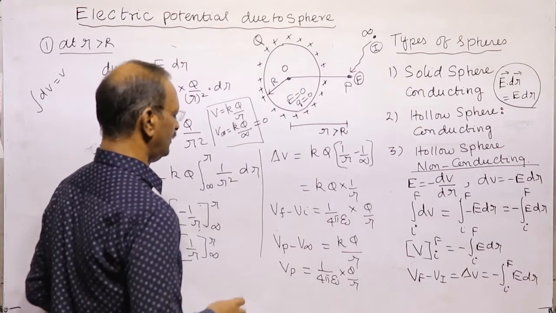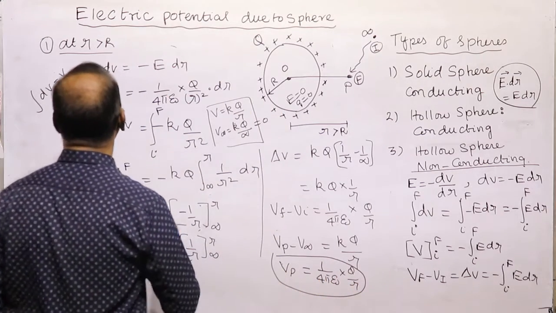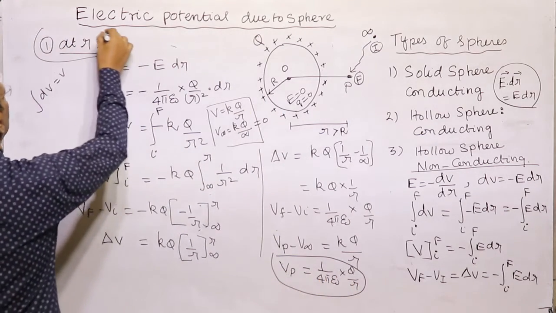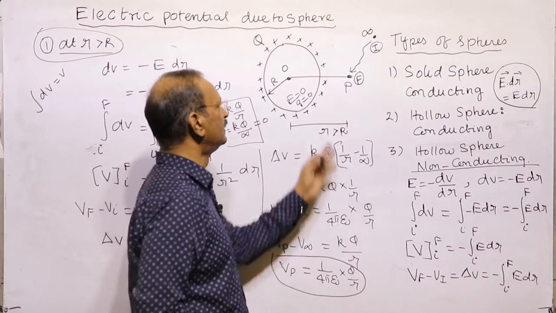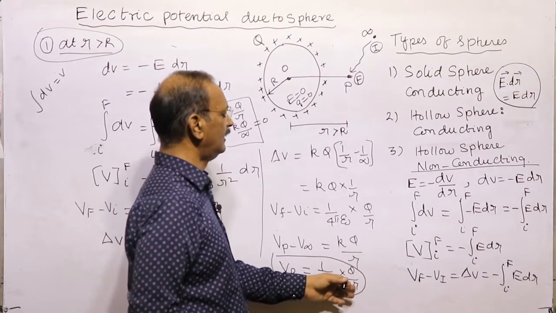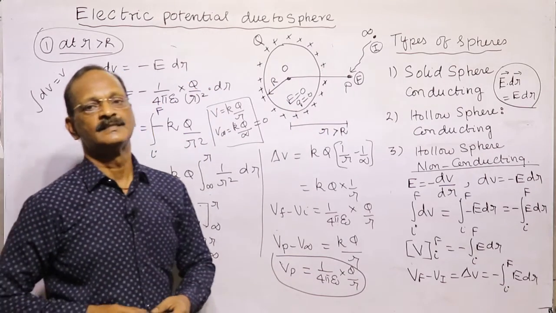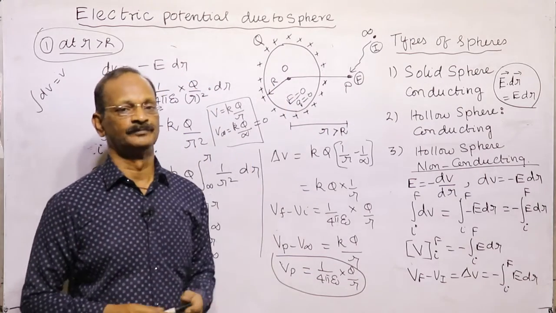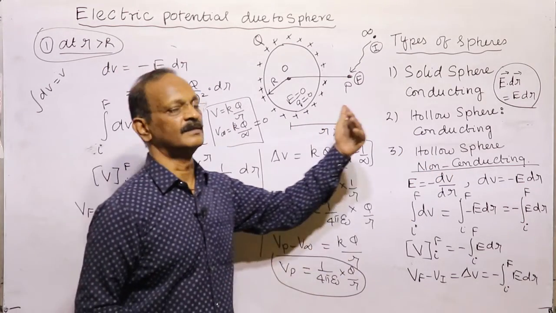For all of these, the potential at any point outside the sphere is equal to 1 by 4 pi epsilon naught, the charge creating the potential, divided by the distance outside the sphere. So this is applicable for all of these, and we need not do separate derivations.